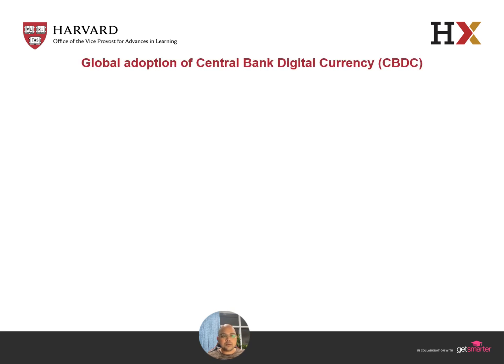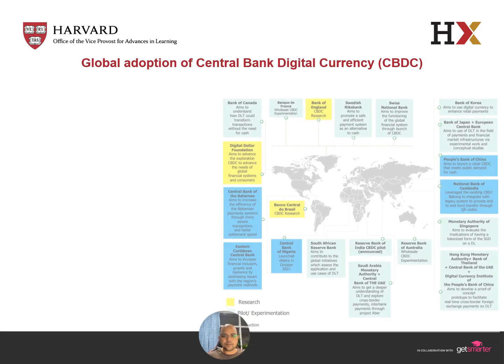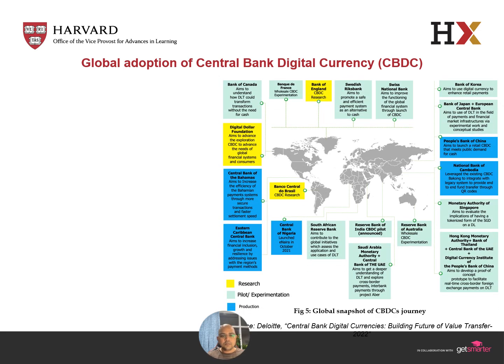Now we talk about the global adoption of central bank digital currency. From the Deloitte report, Central Bank Digital Currencies: Building Future Value Transfer 2022, we can see 3 countries are researching CBDC, 5 countries are already operating CBDC, and other countries are on pilot projects.